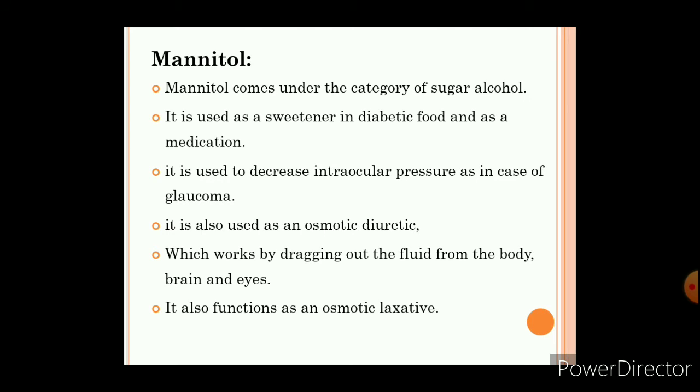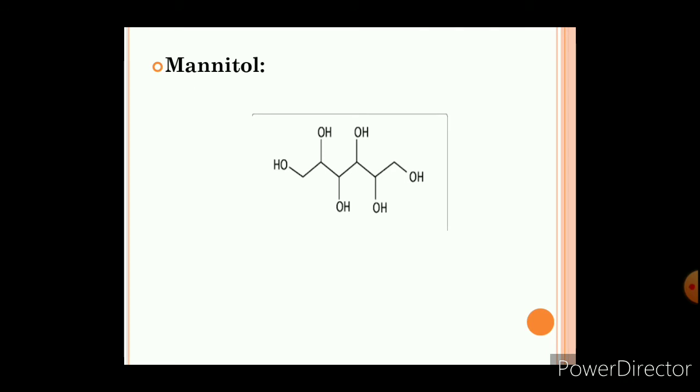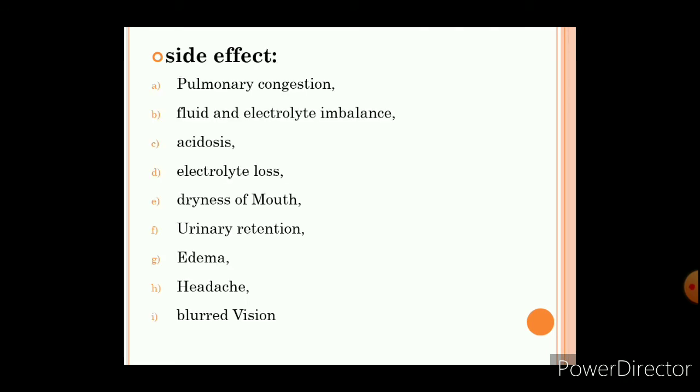Okay. It is also used as an osmotic diuretic, which works by drawing fluid out of the body, brain and eyes. It also functions as an osmotic laxative. This is the structure of mannitol.